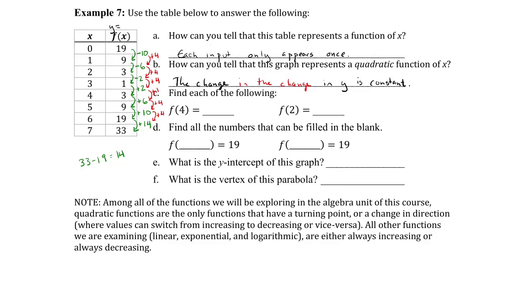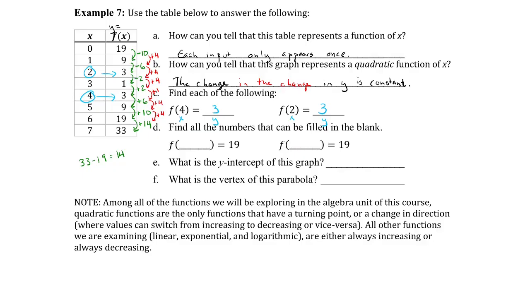And then, again, we can do all of the things that we can do with an input-output table. So if we want to know f of 4, we'll find input 4, find the corresponding output, and we get that f of 4 is 3. If we want to know f of 2, we find input 2, find the corresponding output, and we get that f of 2 is also 3.